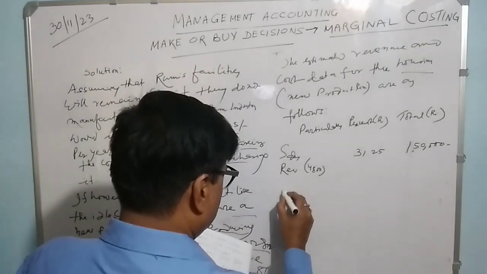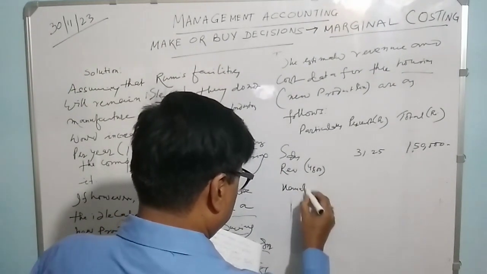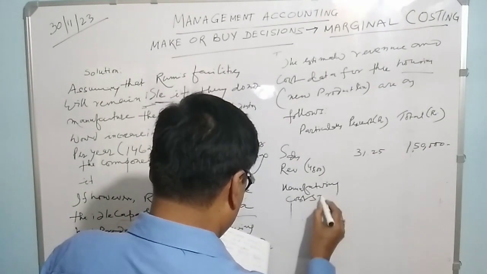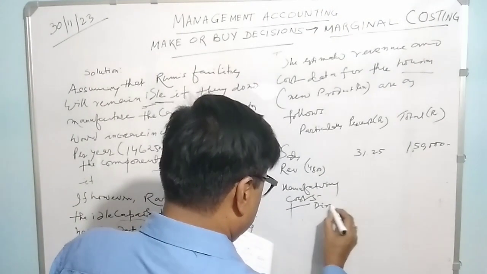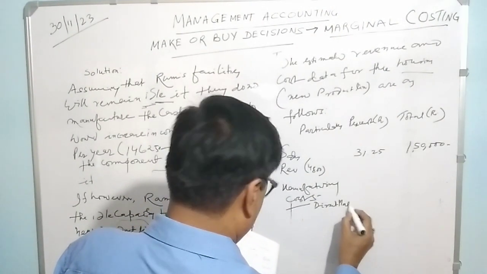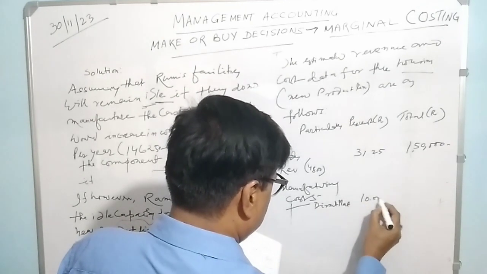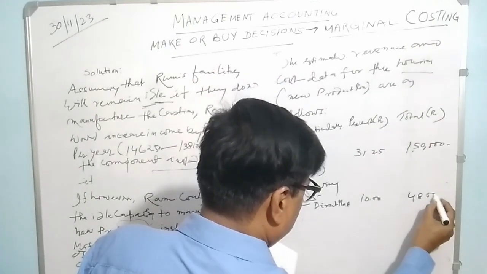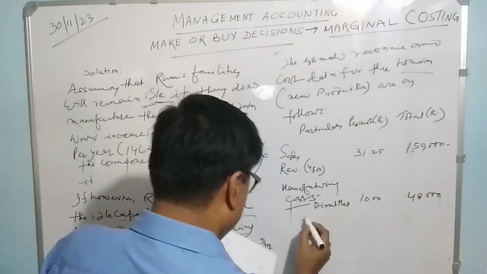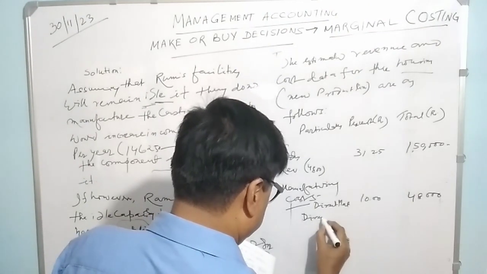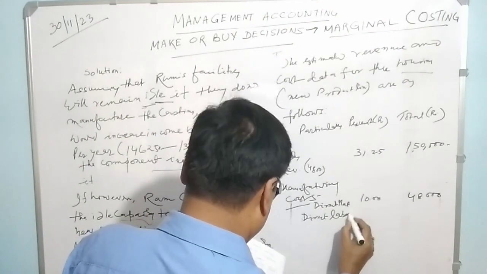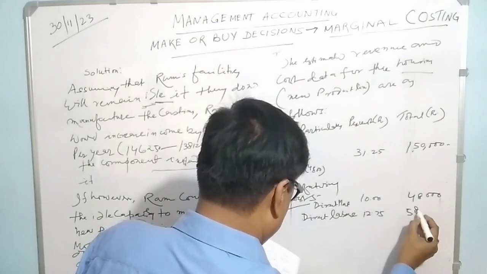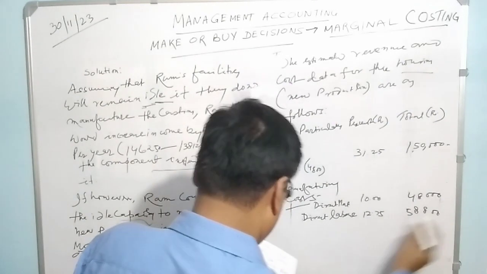And manufacturing costs. Which are those costs? Direct material, per unit 10 rupees, so for 4,800 units it will be 48,000. Direct labor 12.25, 58,800.